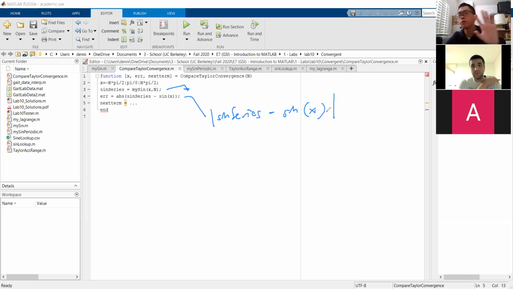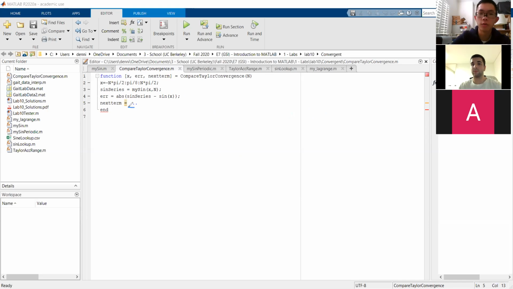How different is our result from our given? This error is going to change depending on how exact our Taylor approximation is. If n is like 2, then it's not going to be very good. But if it's like 1,000, then of course it's going to be very exact. And then the next term, you'll find something in the PDF about how to get this next term.